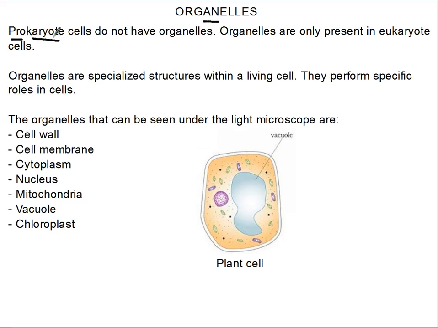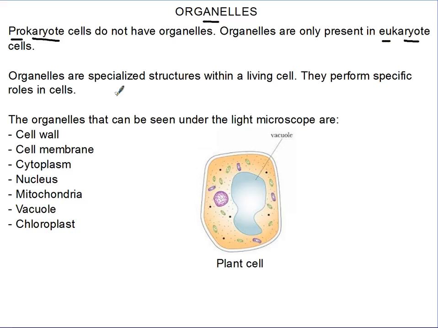Okay, so a prokaryote cell does not have a nucleus, neither does it have these things called the organelles. But the other type of cell, which is the eukaryote cell, eukaryote means true nucleus. That type of cell has the nucleus and also has the organelles. So prokaryote cells do not have organelles, neither do they have nucleus, but eukaryote cells have organelles and nucleus.